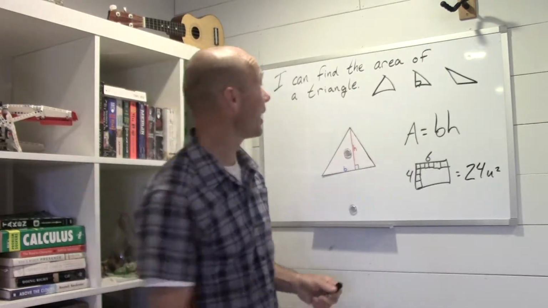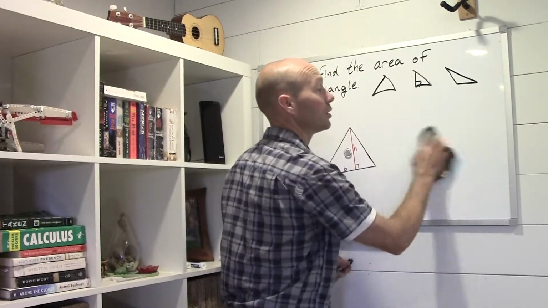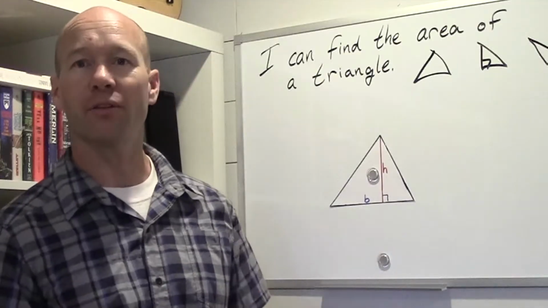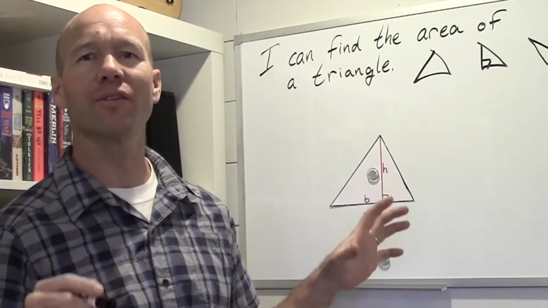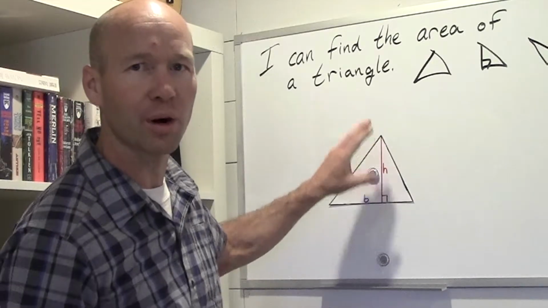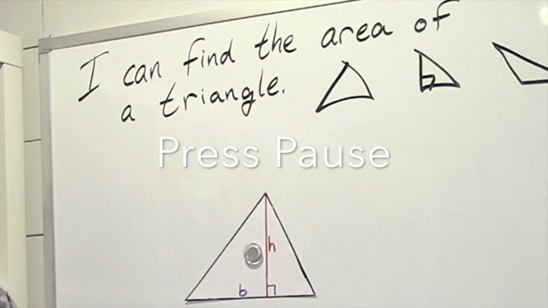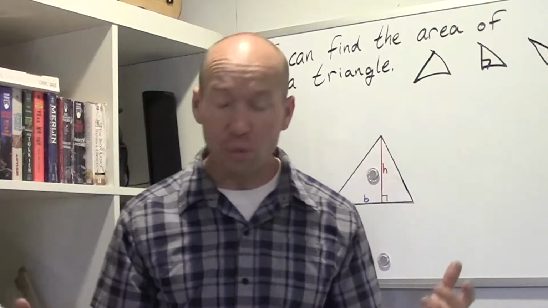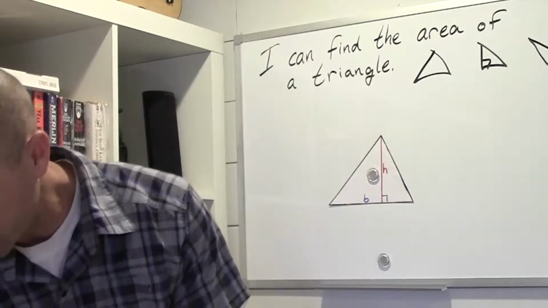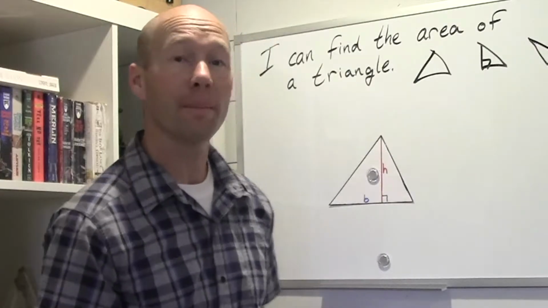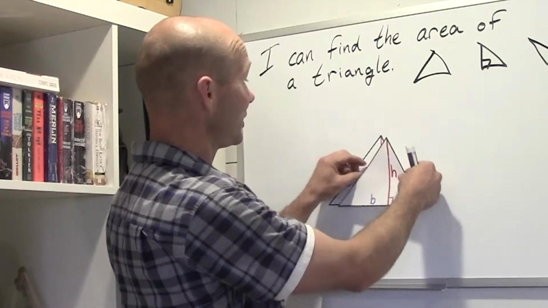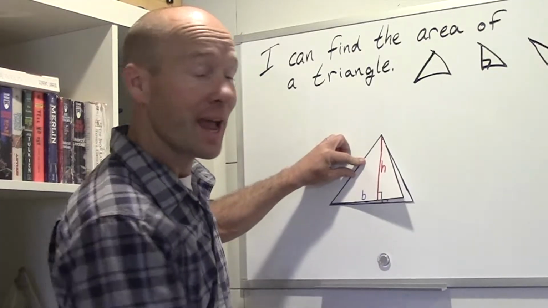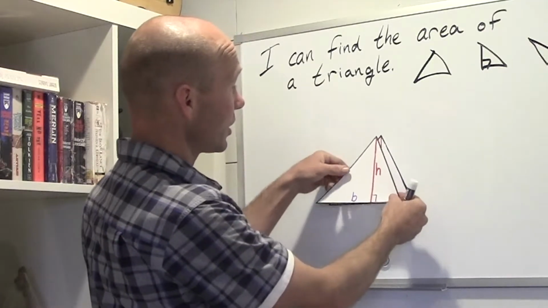How do we find the area of our triangle? Well, go ahead and pause the video and think about it for a little bit. How do you think you're going to find the area of a triangle? A really great way to think about this is if I were to make another triangle that was the exact same size as that first triangle, and then cut it out.